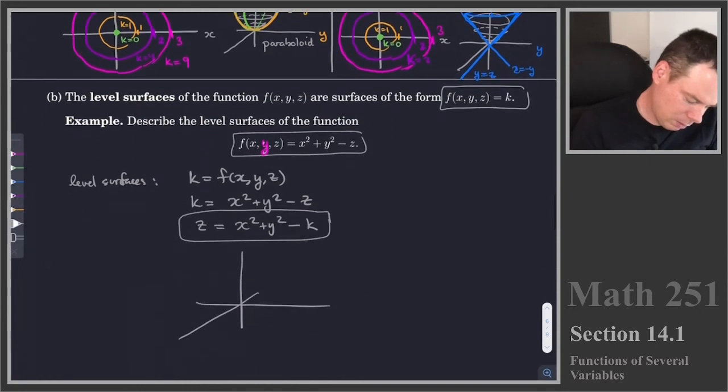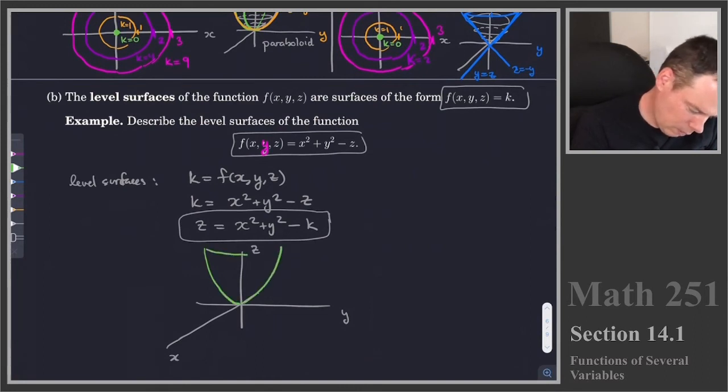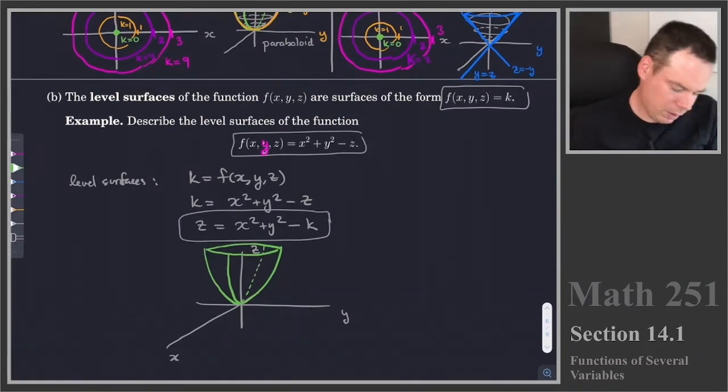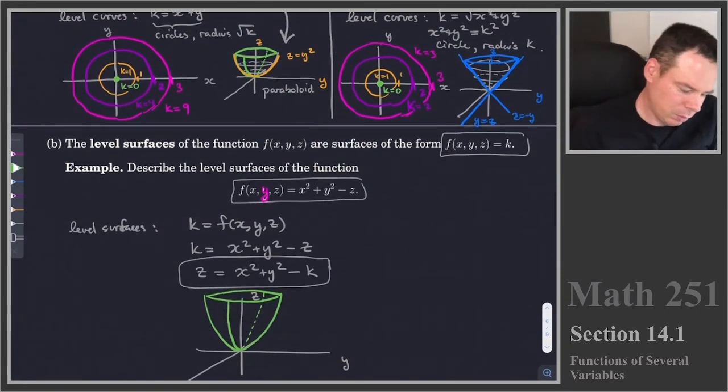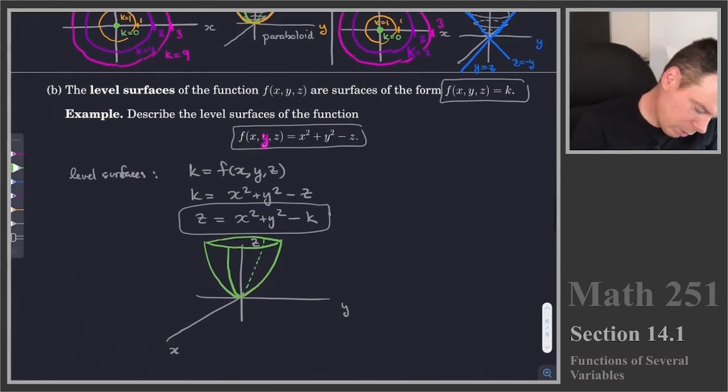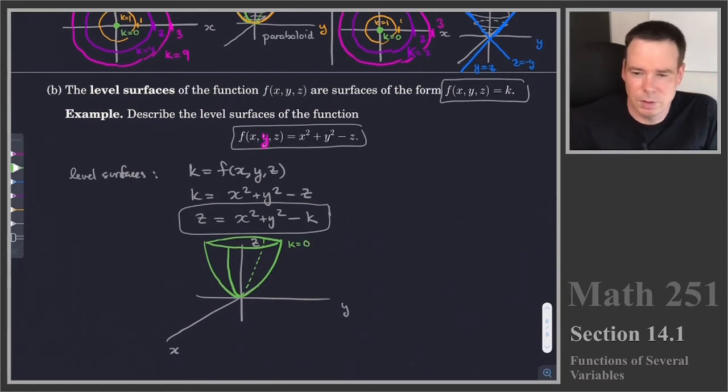So what it means is I've got level surfaces that look like this: x, y, z. If I draw the level surface for k equals 0, then I'm getting a shape that looks like this. This is the exact shape we had above, which we sketched on that diagram on the left. So we would label this our k equals 0 level surface.